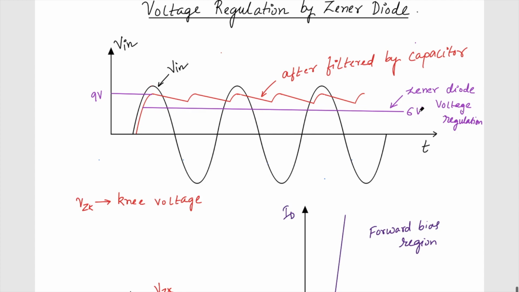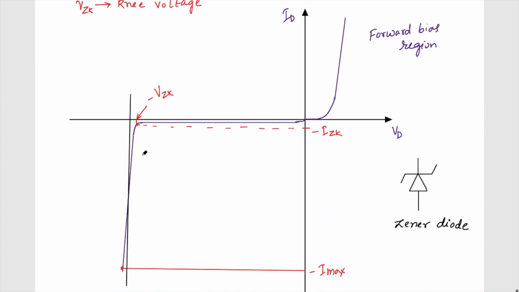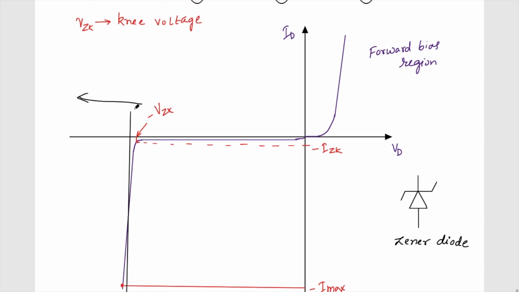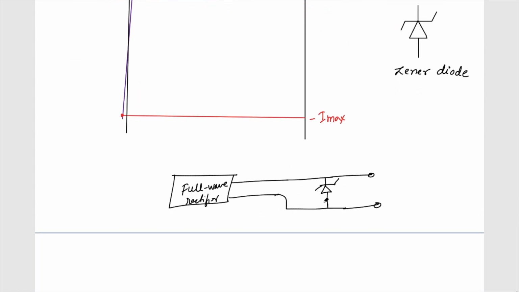But if you see here, because I'm applying a huge amount of voltage, maybe 9 volt, a huge amount of current is going to flow. If I increase this reverse bias voltage in this direction, a huge amount of current is going to flow, so this can easily damage the Zener diode. To prevent that, we have to add a resistor in series.